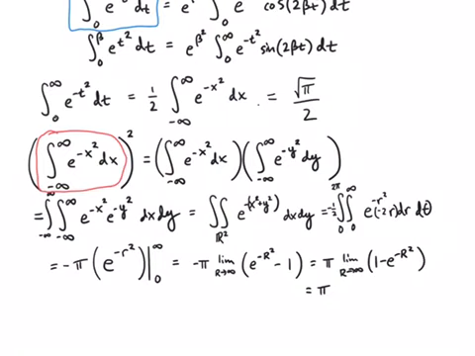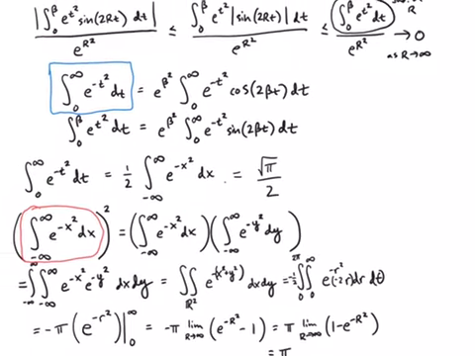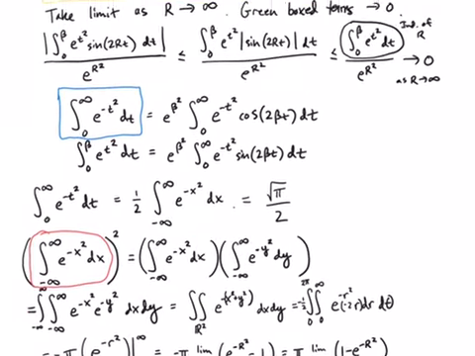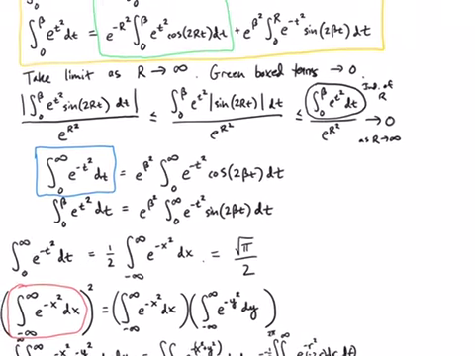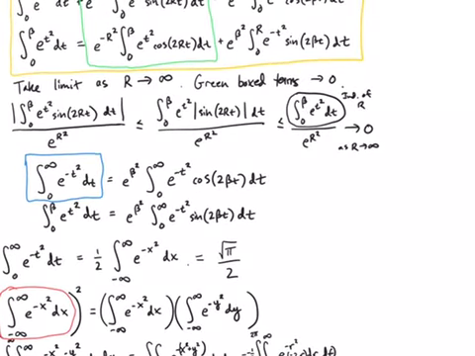So if we go back up here, this is the square root of pi over 2, because remember, the original integral we were interested in is just the integral from 0 to infinity. If we return back up to this first equation, square root of pi over 2 is equal to e to the beta squared times the integral from 0 to infinity of e to the minus t squared cosine 2 beta t dt.